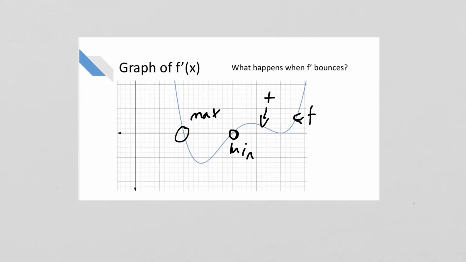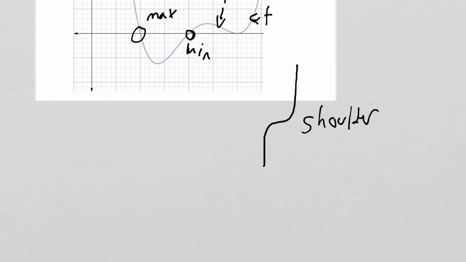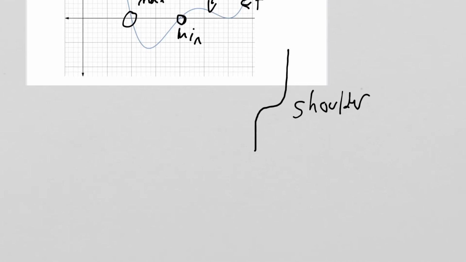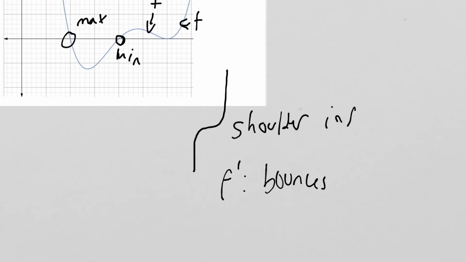So how would we draw that? If we draw a function that is increasing and then it's flat and it keeps increasing, that makes what we informally call a shoulder. So when f prime bounces, that's going to create a shoulder in f of x.